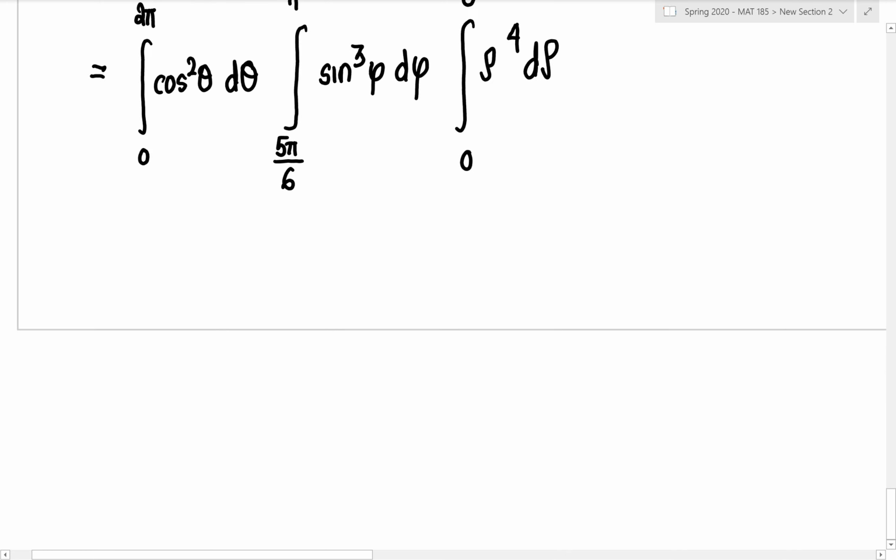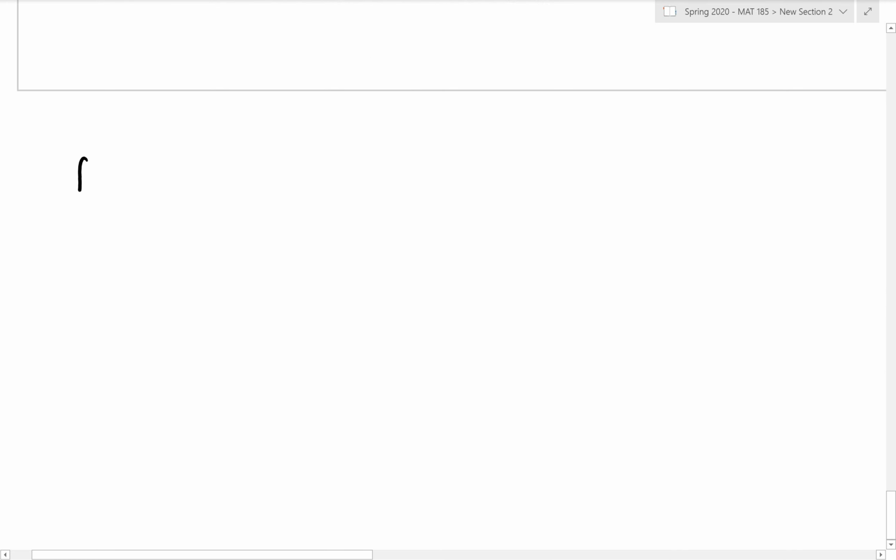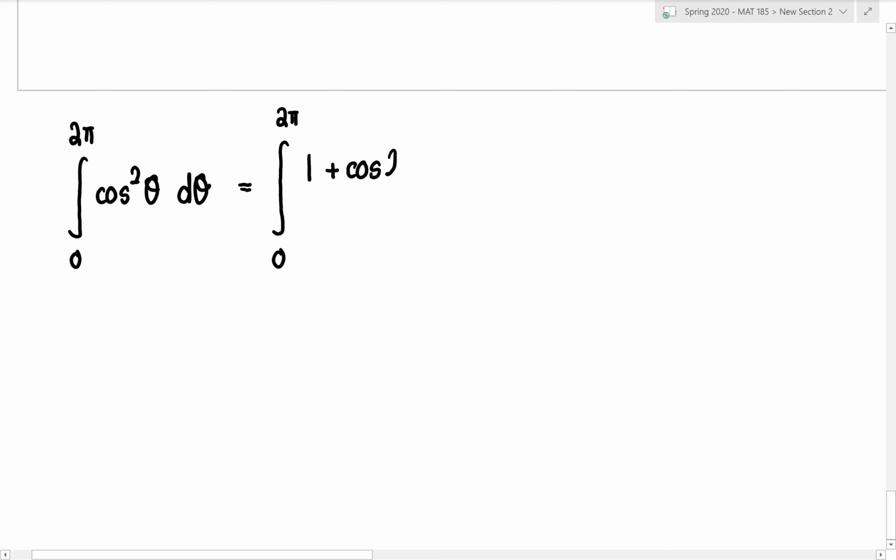All right, so let's start with cosine squared of theta. So we're looking at 0 to 2 pi of cosine squared of theta d theta. And this is where our reading questions are going to come into play. Cosine squared theta can be written as (1 plus cosine 2 theta) divided by 2.